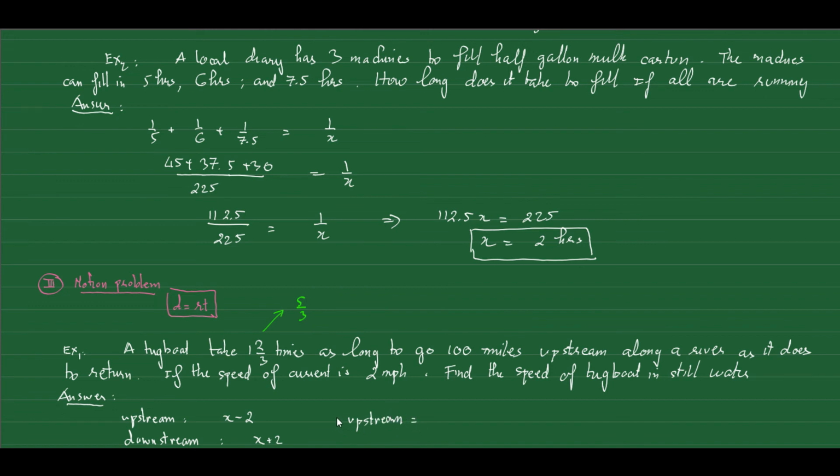Let me write it like this: T upstream is 5/3 T downstream.